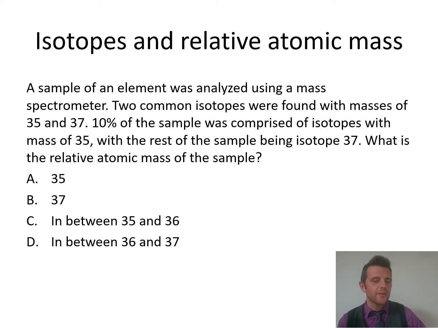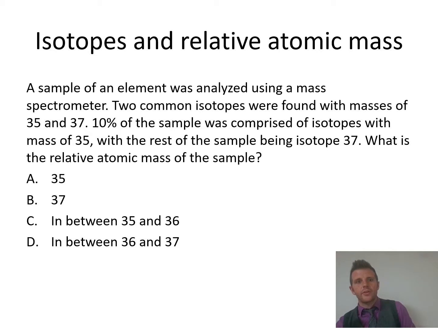Oh, this is a fun one. I really like this one. Okay, so a sample of an element was analyzed using a mass spectrometer. Remember, a mass spectrometer is going to deflect things based on their mass to charge ratio. Two common isotopes were found with masses of 35 and 37.